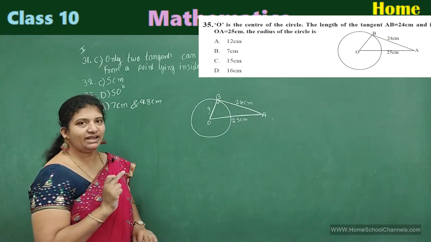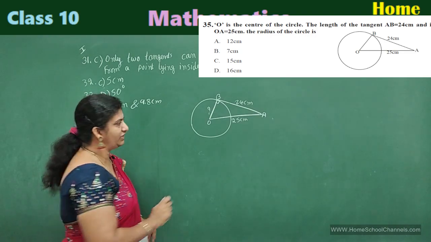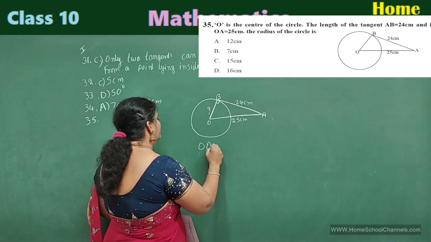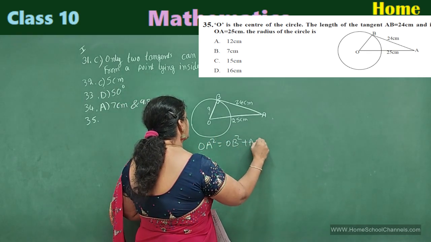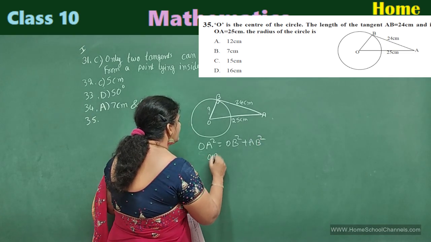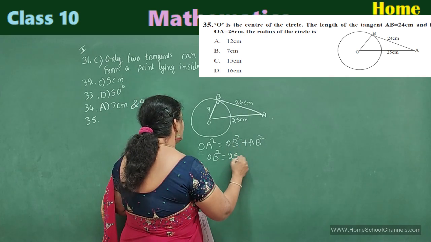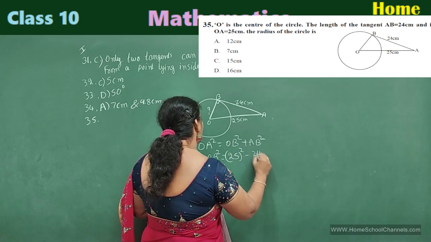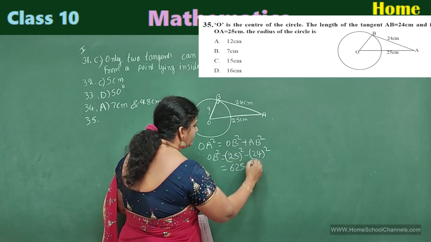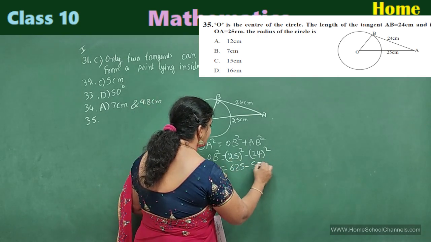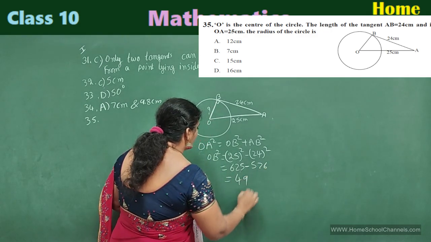You can see a right angled triangle. Apply Pythagoras formula, you can get the radius value. Hypotenuse square, OA square is equal to OB square plus AB square. OB square is equal to OA square minus AB square, 25 whole square minus 24 whole square. 25 square is 625. 24 whole square is 576. 625 minus 576 will be 49.